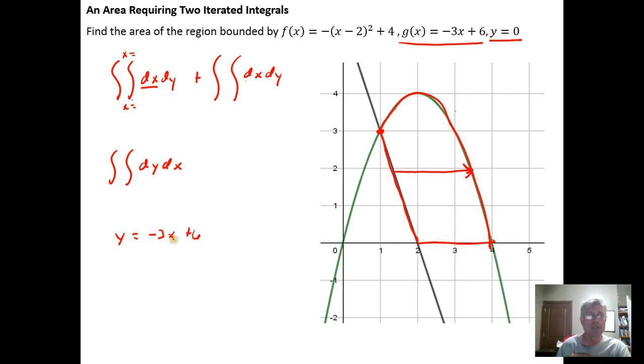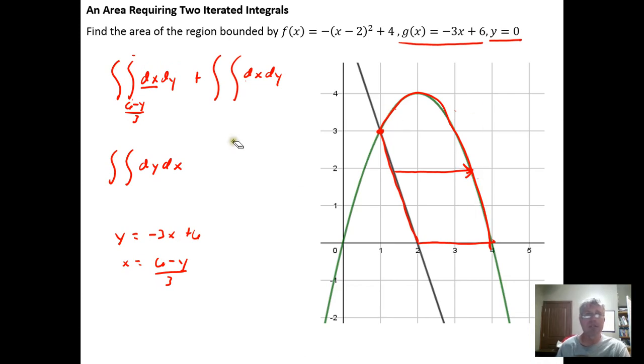So what I have to do is solve this for x. So for example, we could get 3x equals 6 minus y, and then divide both sides by 3. That would solve it for x. So the left bound of integration would be the line x equals (6 minus y) over 3. So down here we get (6 minus y) over 3 as our left bound of integration.